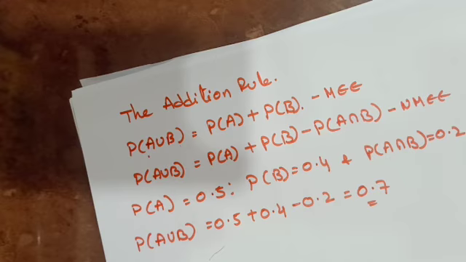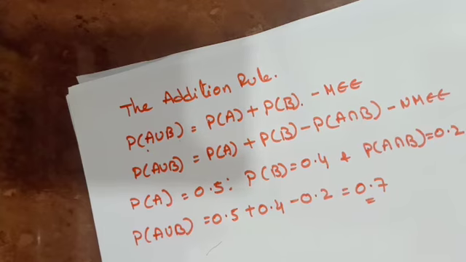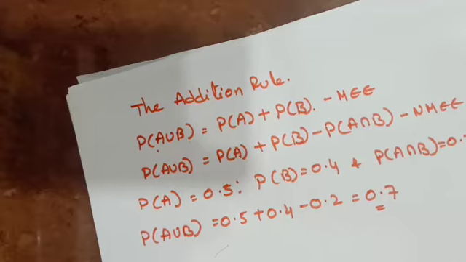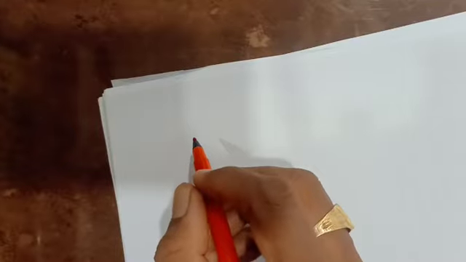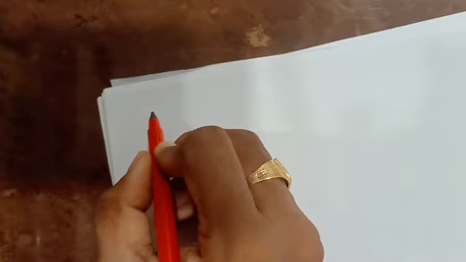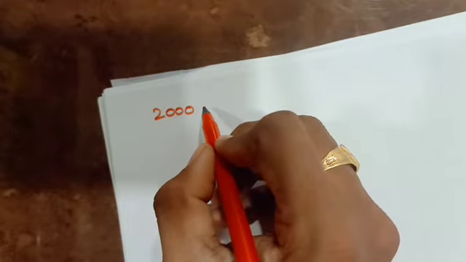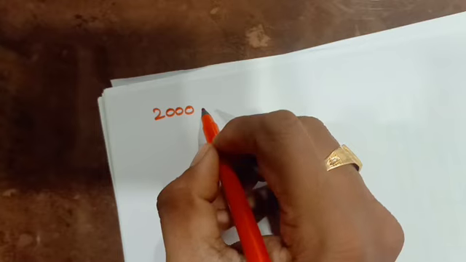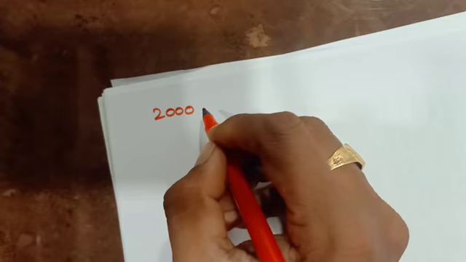To understand this, we have a problem, which was already shared, but I am going through it once again. What is the problem statement? Of 2000 assembled components, 20 have a working defect and 30 have a structural defect.